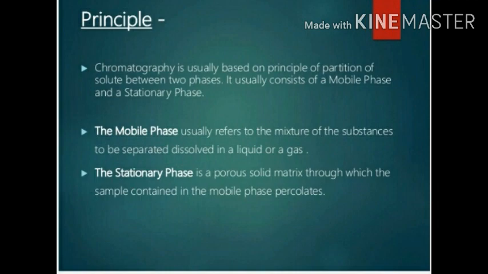The mobile phase usually refers to the mixture of substances to be separated, dissolved in a liquid or a gas, whereas the stationary phase is a porous solid matrix through which the sample contained in the mobile phase percolates.